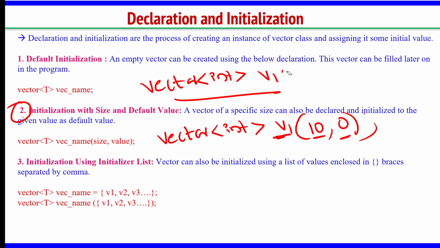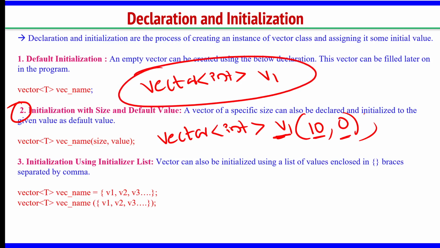See, in the first declaration you are just declaring it, you are not assigning any value. So, that is flexible enough, but if you want to restrict its size, you can go for the second syntax, that is the vector, the type, the variable name, the number of elements you want, and what should be the default value also can be mentioned here. Okay. This is the second one, right.